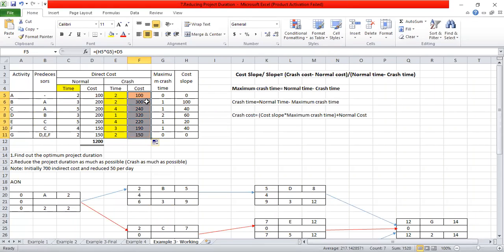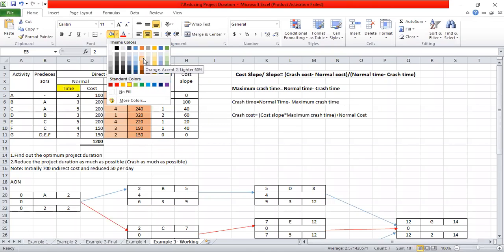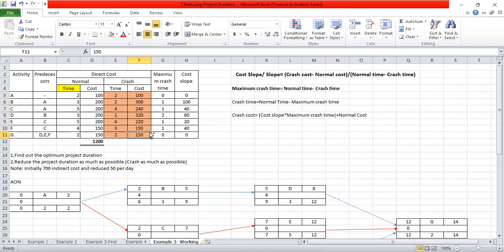See whether you are getting these answers for the crash cost. So these are the final answers that you have to take for the crash time and crash cost. Have you all done up to this point?